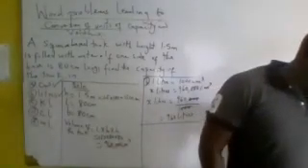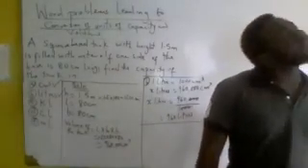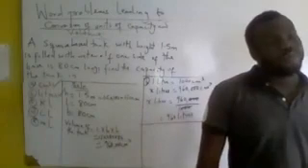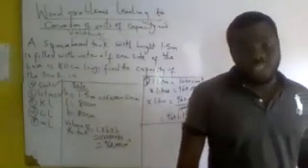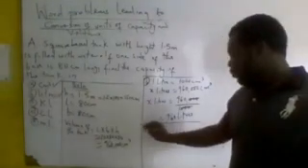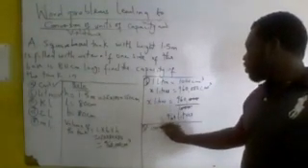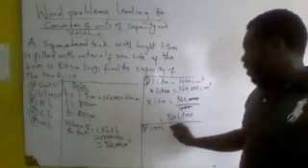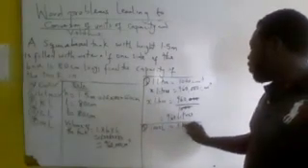So now you move on to kiloliter. Kilo means 1,000, remember I told you that. So 1,000 liters is equal to 1 kiloliter.